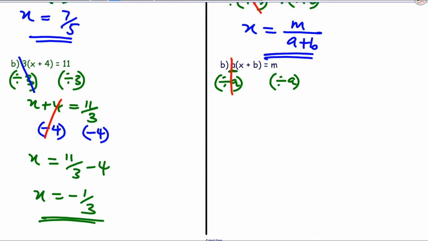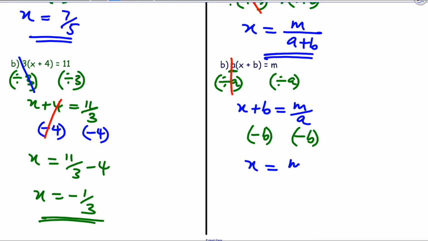So x plus b will be equal to m over a. And then the next step will be subtracting b from each side, because the opposite of adding b is subtracting b. So x will be equal to m over a minus b, because b minus b is 0.